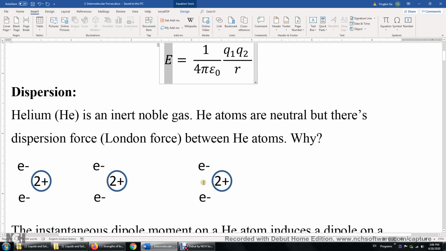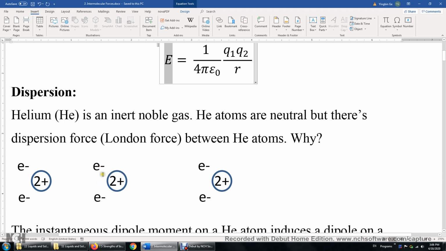And because of this dipole moment, it does affect the neighboring helium atoms. Because these two electrons are on the left-hand side, let's look at this neighboring helium atom. It will respond in a way to have the nucleus closer to these two electrons, and the two electrons a bit further away.